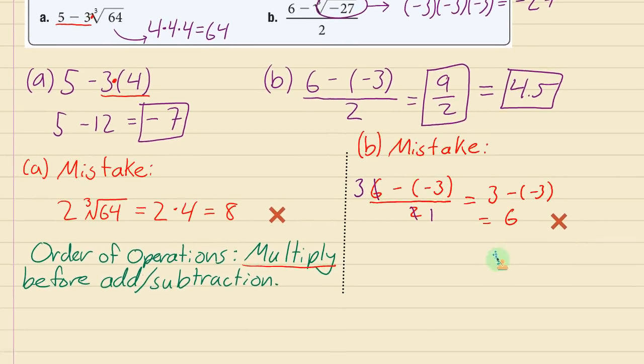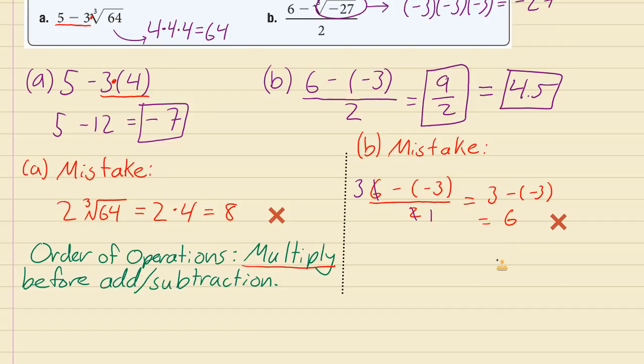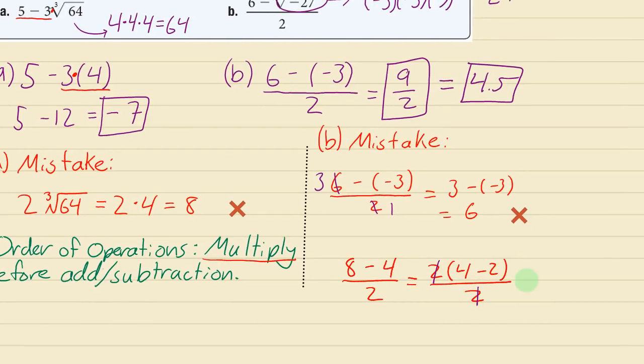So an example of when you can cancel that is if you have something different, like 4 minus 2 over 2. You can factor a 2 out of the top and write that top as 2 times 4 minus 2, divided by 2, and then reduce the 2's out, and the 2 divided by 2 is just that, and you'll get 4 minus 2 is 2, and that is okay.